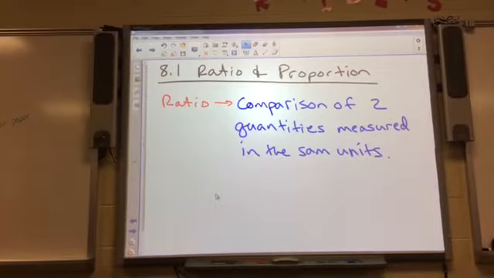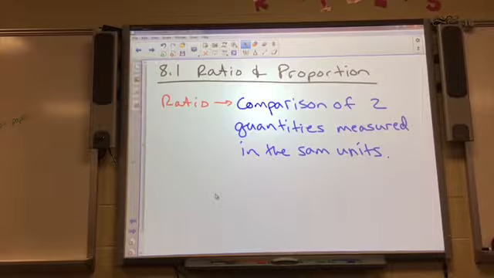It's a comparison of two quantities measured in the same units. Quantities just meaning like the measurement that we're talking about, a number. How much?